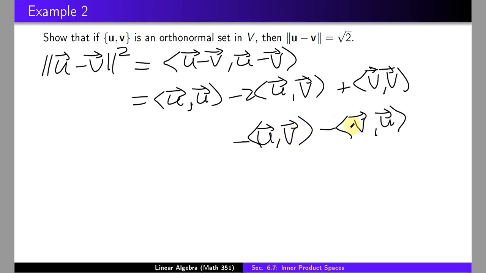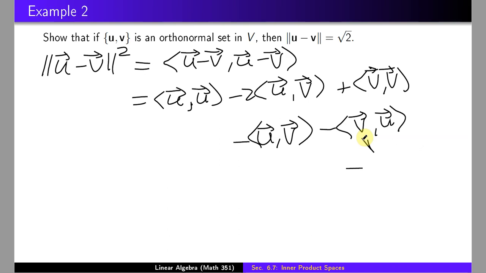If you have complex vector spaces, where you could potentially have complex scalars, or your entries involve complex numbers, then when you switch the order of these, they're not simply equal. You end up picking up a complex conjugate. So I just wanted to point out that we can only do this because we have real vector spaces that we're talking about here. There's a slight difference if you run into complex vector spaces.